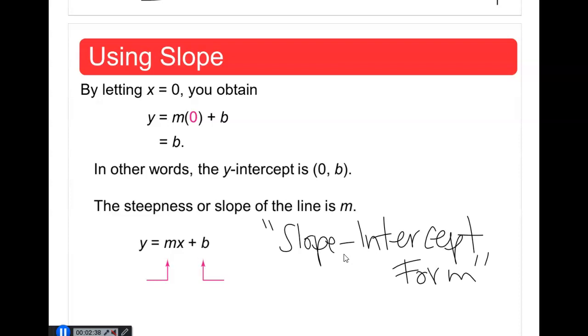And we call it that because we have here the slope and here we have the y coordinate of the y-intercept.